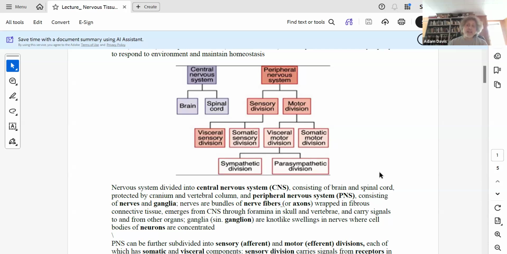But any given structure in the body might be receiving a different amount of sympathetic or parasympathetic stimulus at a given time. And so it's more of a sliding scale between the two than it is your body is all sympathetic or all parasympathetic at any given time. We'll talk more about this later in the course when we talk about the autonomic nervous system.